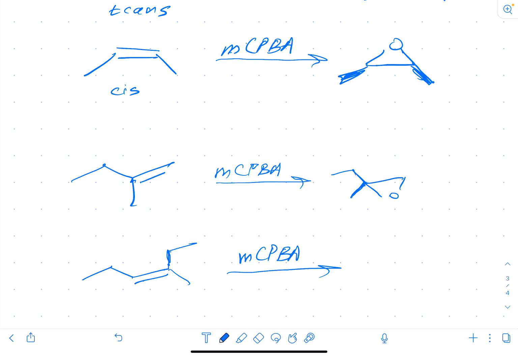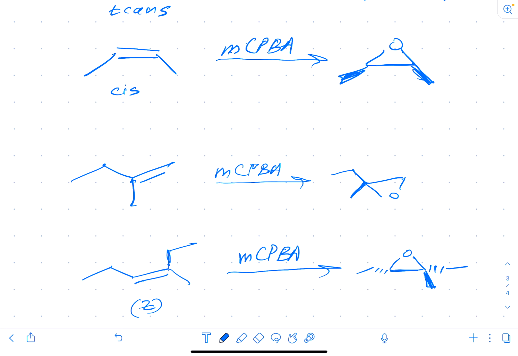In a case like the second example where I have a Z-configured alkene, the product epoxide will also have those two ethyl groups on the same side of that epoxide because they're on the same side of the carbon-carbon double bond. So I do see that stereochemistry reflected in the product.